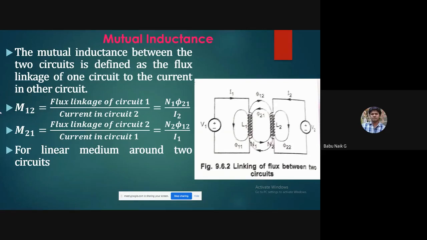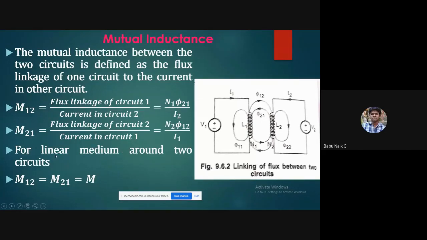So for a linear medium around the two circuits, both mutual inductances are equal, which is M12 is equal to M21, which is equal to M, if we do not consider the ferromagnetic material here.